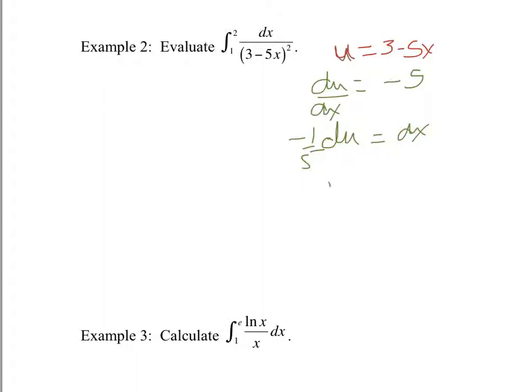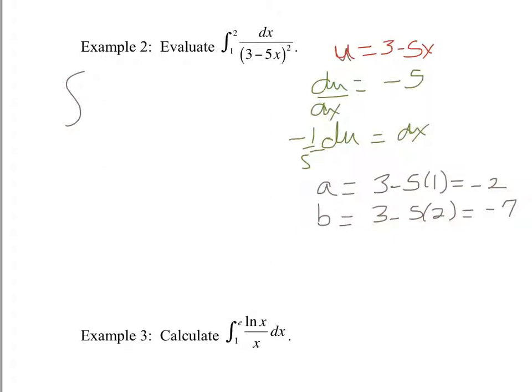And I need to rewrite my a. So if I plug 1 into the u, I would get 3 minus 5 times 1, which is -2. And if I plug 2 in, I get 3 minus 5 times 2, which is -7. Sorry. All right, so I'm ready to rewrite my integral.